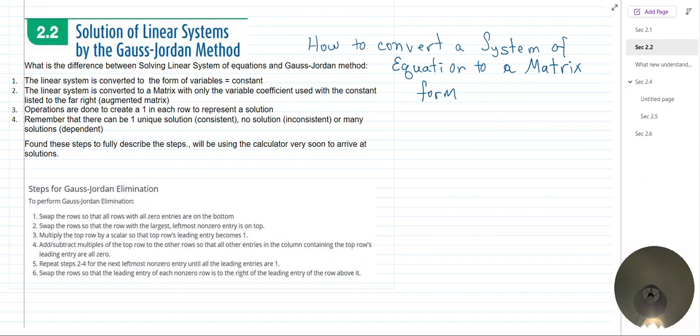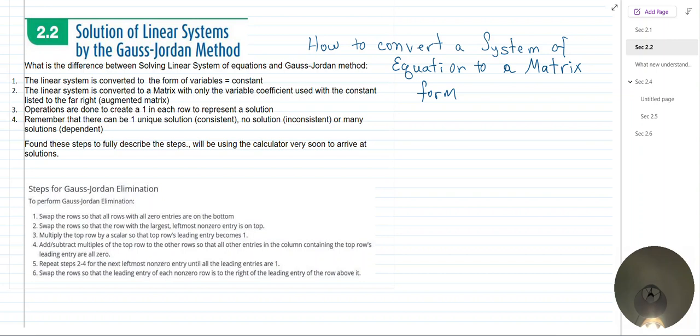We'll be relying on our calculators, but some of this we'll do by hand just to get familiar with the processes. Now, we understand that if we had a linear system, we always converted it into the form of some ax plus by equals c, or with the variable z as well.